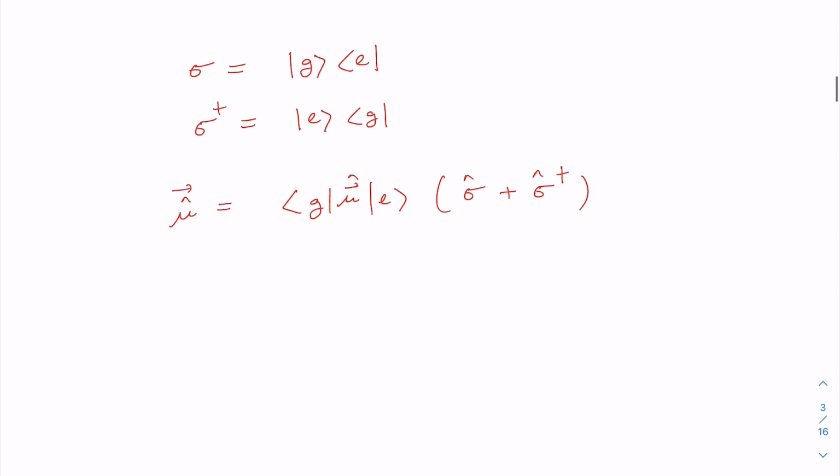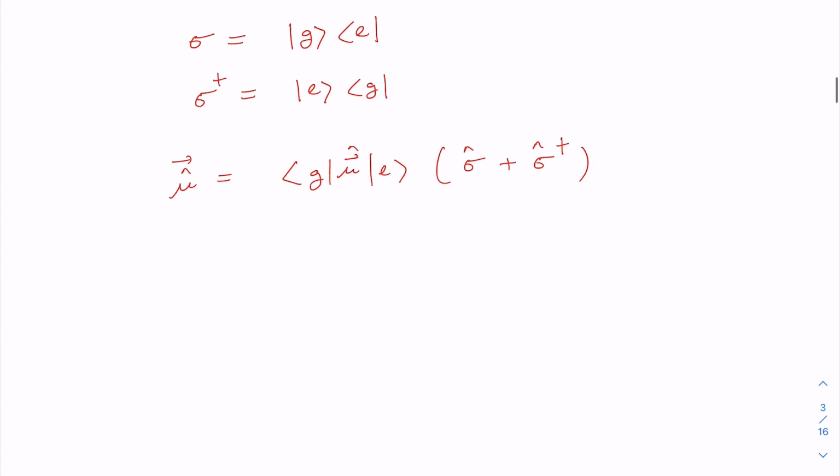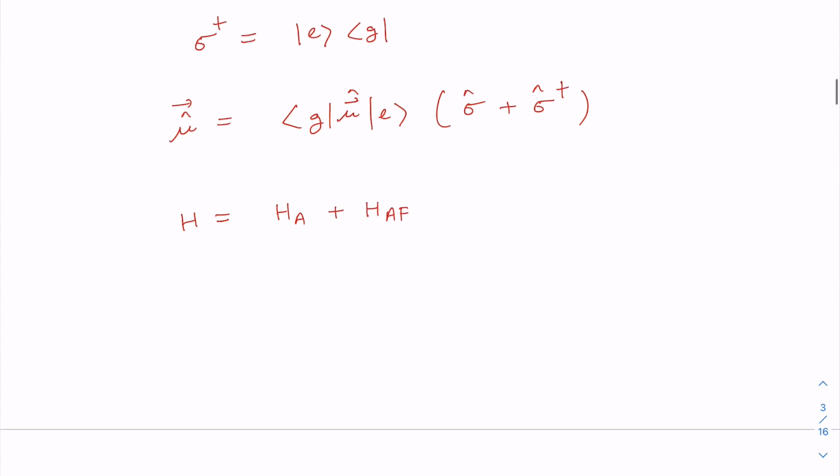The full Hamiltonian for the atom field system we can write in terms of these new operators as follows. We have atomic part and the atom field interaction part.